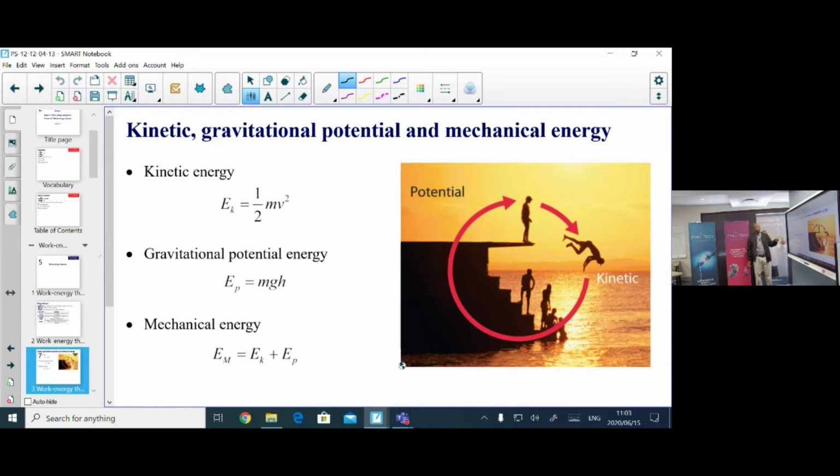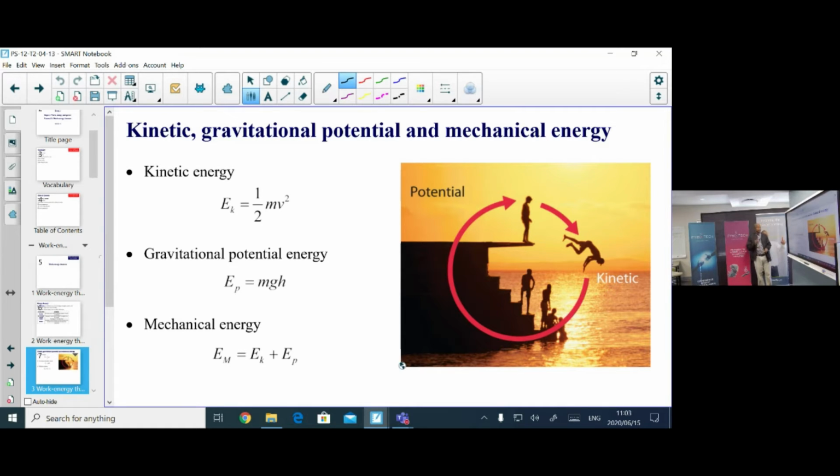The gravitational potential energy is denoted by E sub P, and the equation is E sub P equals mgh.